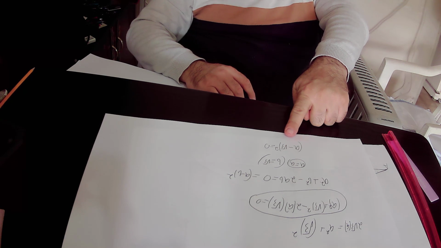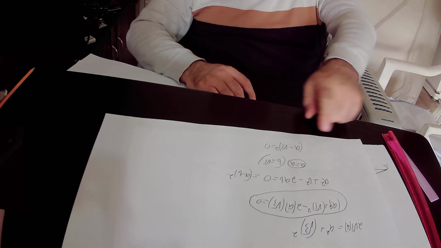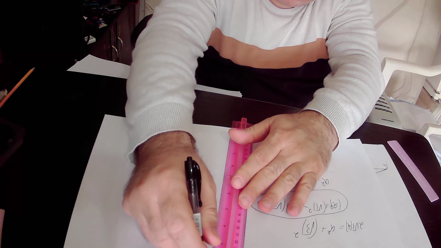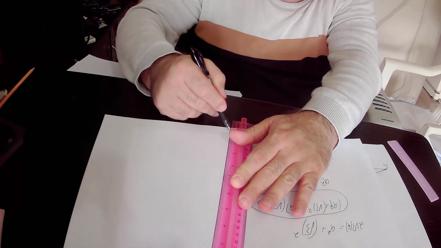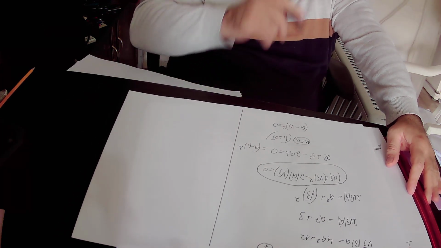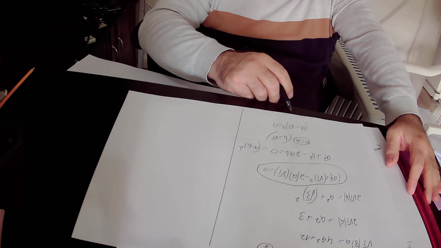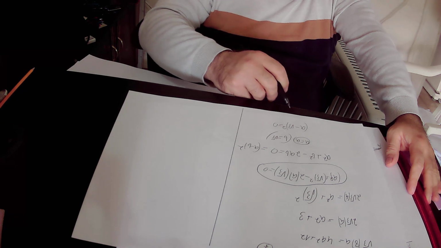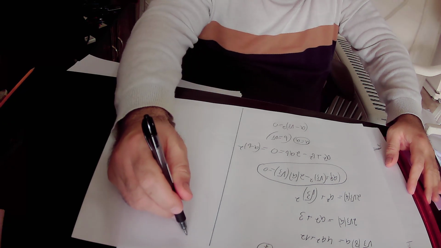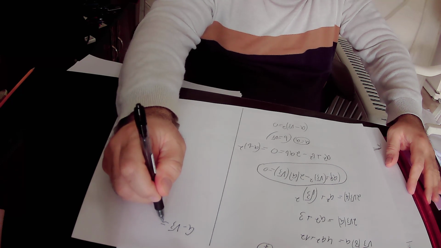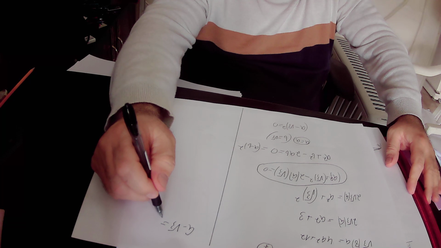We will take the root of this equation. The square root of 0 is 0. So if we take the root, we get a minus square root of 3 equals 0, because the square root of 0 is 0.